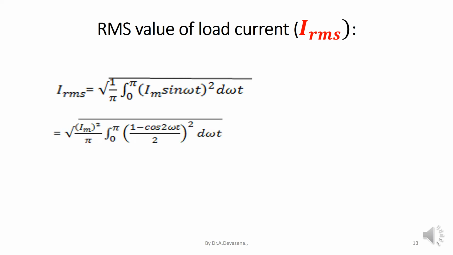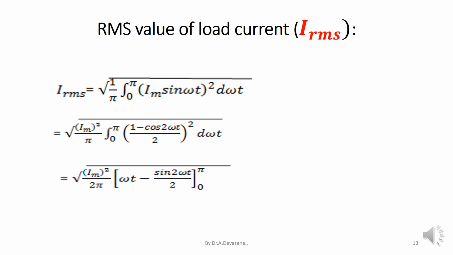If we further simplify, we obtain square root of Im square by pi integral of 0 to pi of 1 minus cos 2 omega t by 2, d omega t, because the value of sin square omega t is 1 minus cos 2 omega t by 2. If we further simplify, we obtain square root of Im square by 2 pi into omega t minus sin 2 omega t by 2.